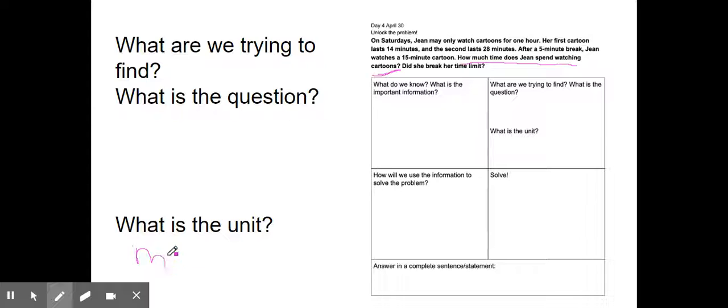So I'm going to write that our unit we're going to be using is minutes. Oops, and I forgot, I should have added that there's another question. The second question is, did she break her time limit? So after we find out how much time Jean spends watching cartoons, we need to figure out if that broke her 1 hour limit.